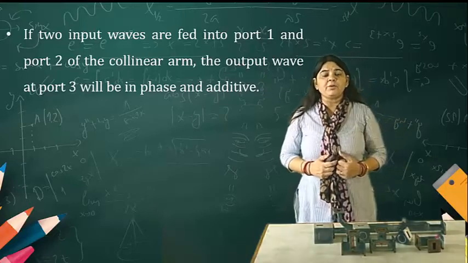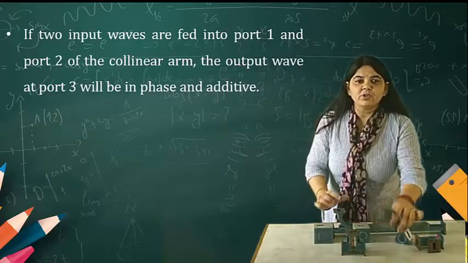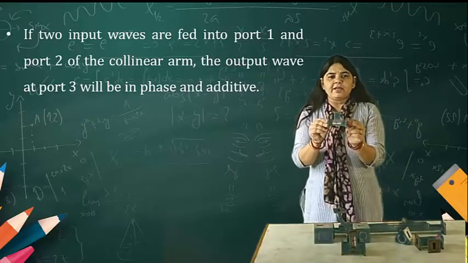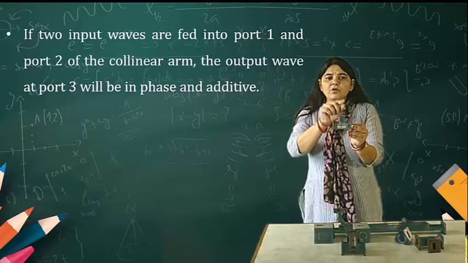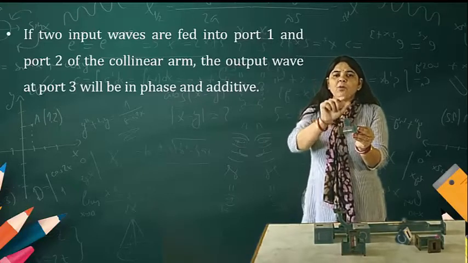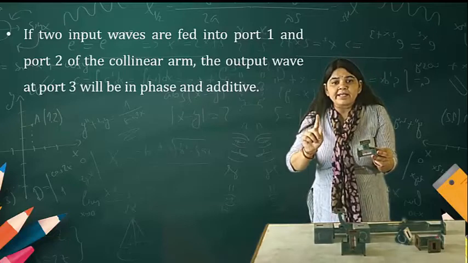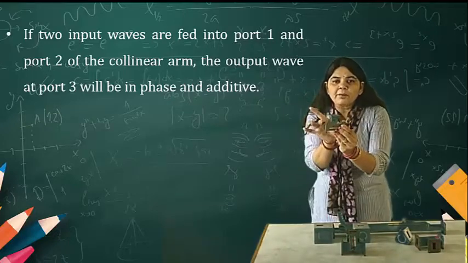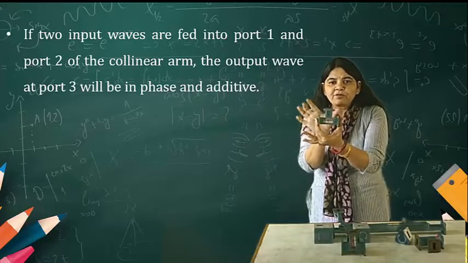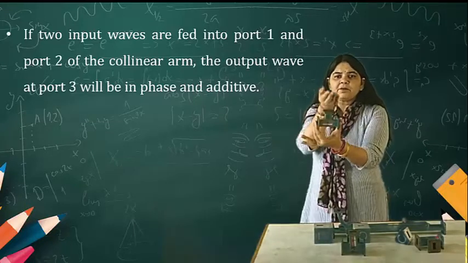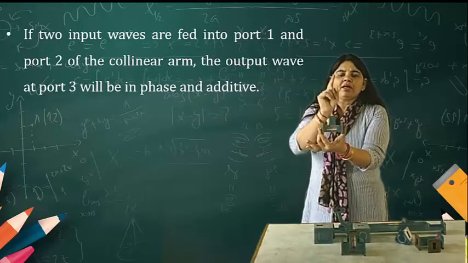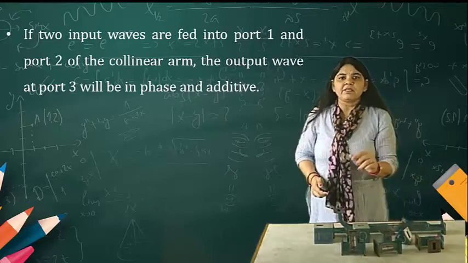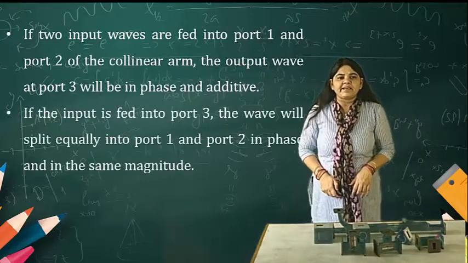If two input waves are fed to port number 1 and port number 2 of the collinear arm, then the output wave at port number 3 will be additive and in phase. So if you apply the input from both sides, at port number 3 you have the output in phase and additive. We have to keep this in mind about the H plane T.